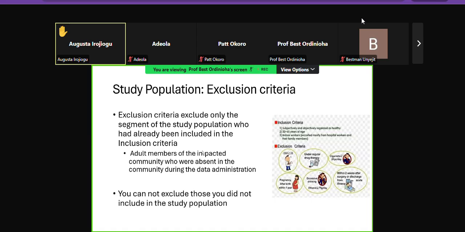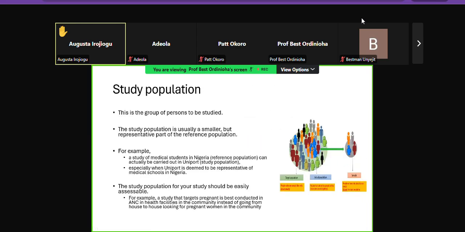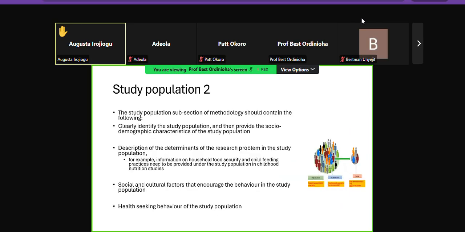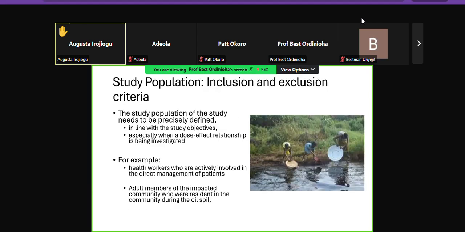But the way you explained it now, you said you must give more idea about that study population to differentiate them from another, like these market women in Enugu, to differentiate them from a market woman in Ibadan.